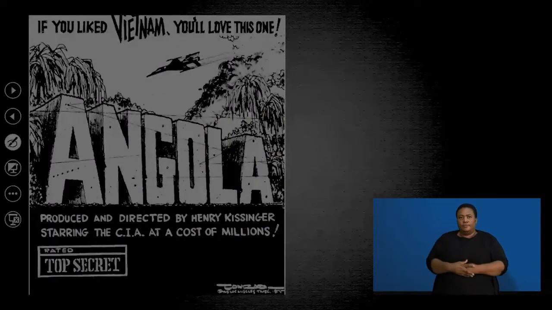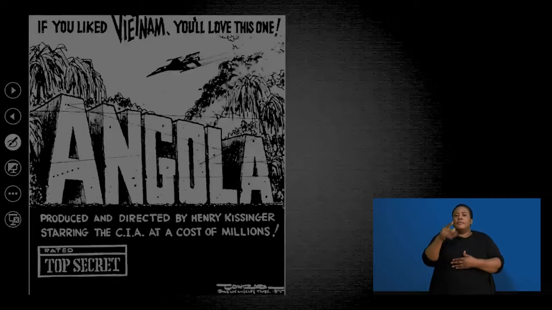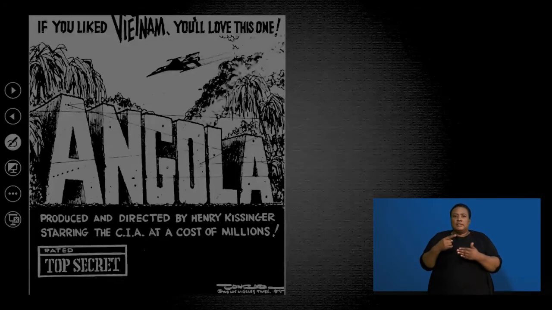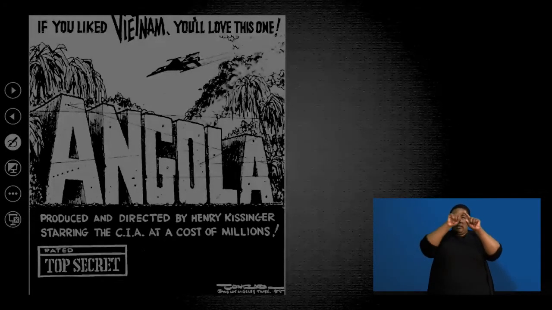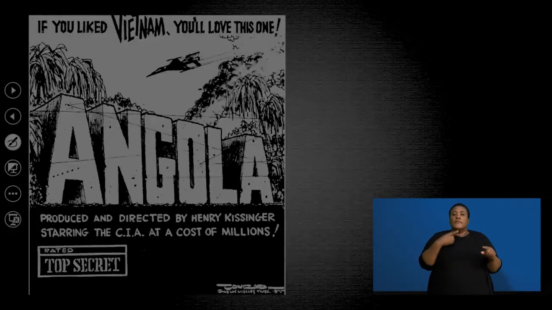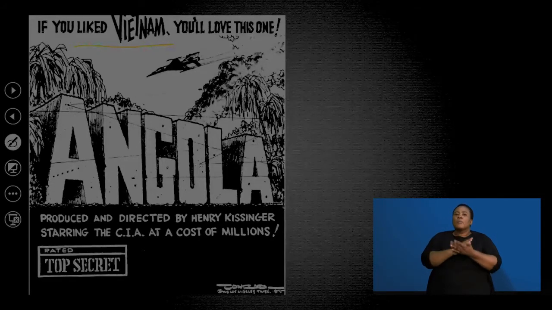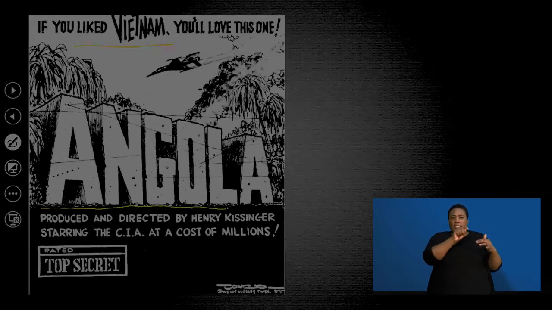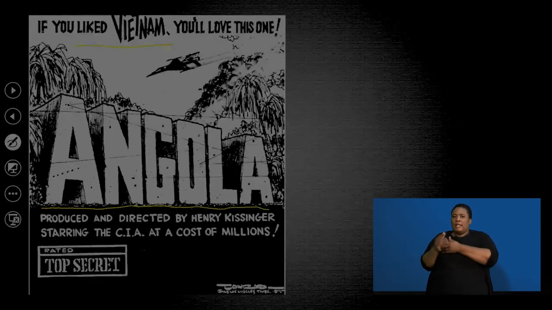So you can see this is a cartoon, and there is the text, as I said before, that it's very important to look at the text. It says, if you liked Vietnam, you'll love this. So already you can see that there is a comparison here between the war in Vietnam and the war in Angola. And you can see the word Angola is written in big letters.